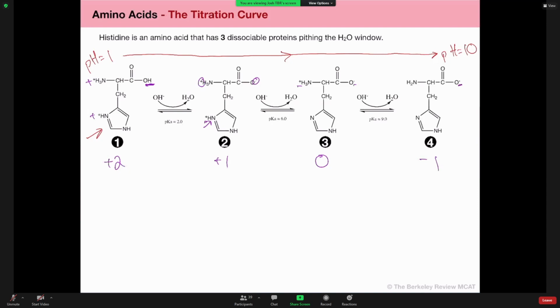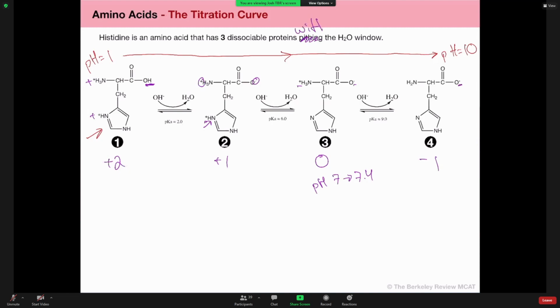Now just notice, and keep this as a mental note, that physiological pH is around 7.4, something like that. Oh, sorry, this is supposed to say "within."